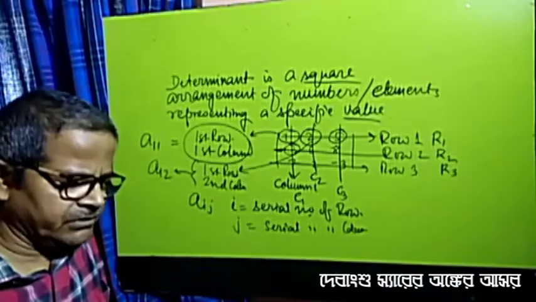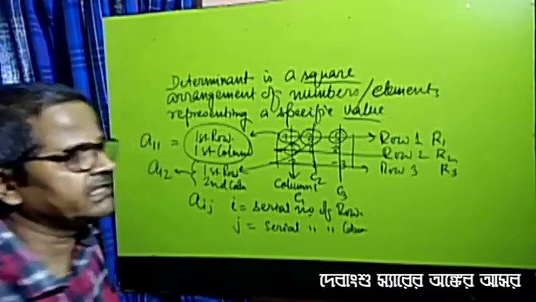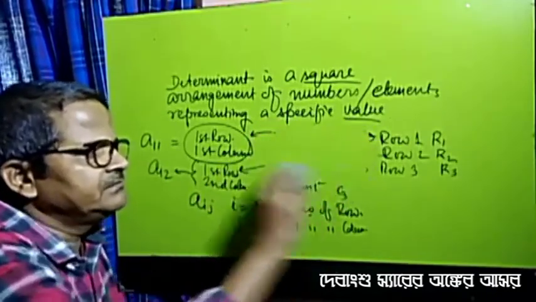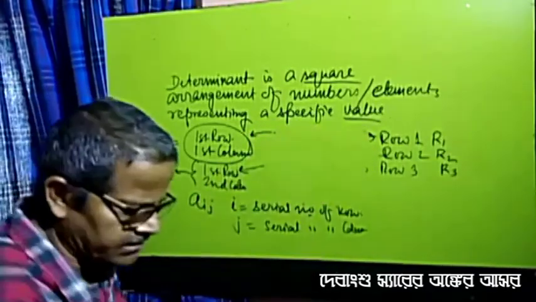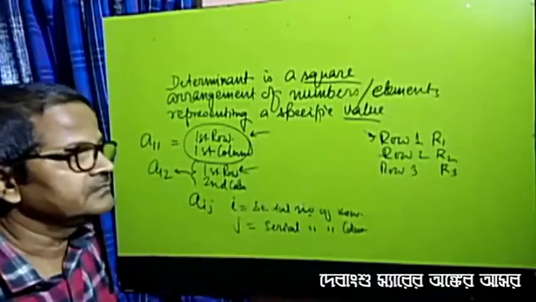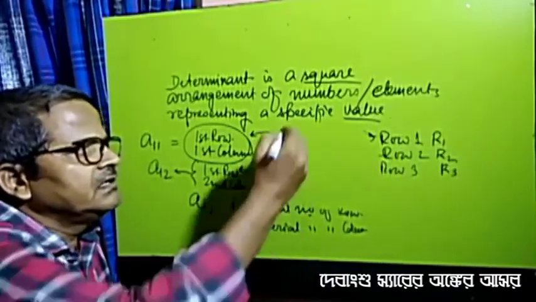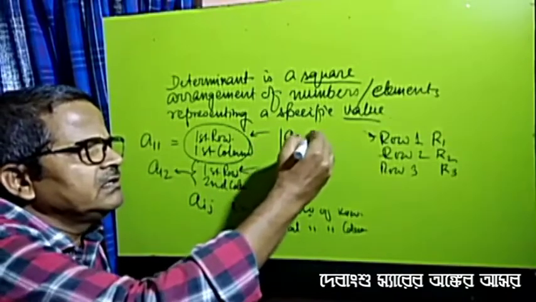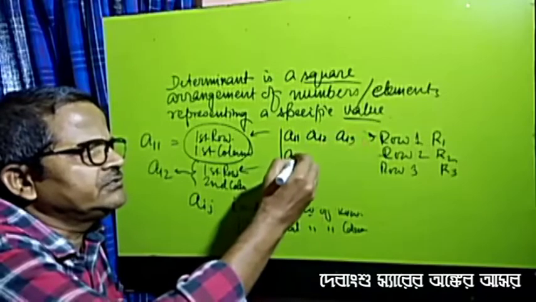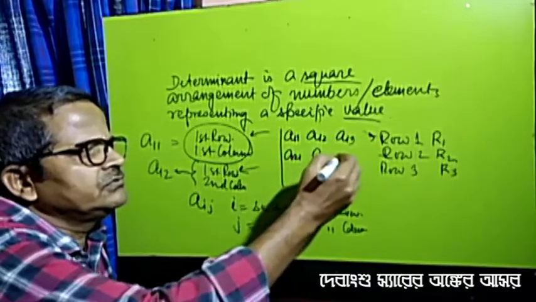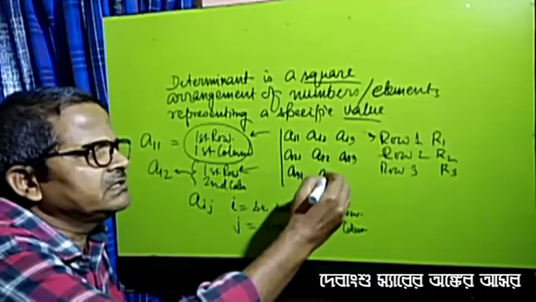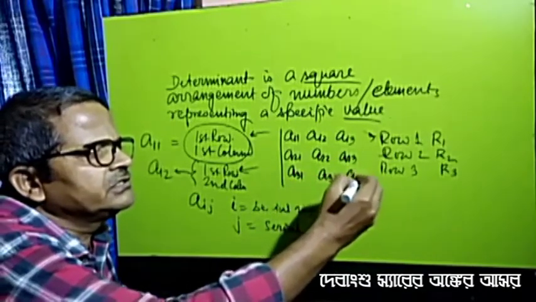So in general, a third order determinant is represented this way: A11, A12, A13, A21, A22, A23, A31, A32, A33.